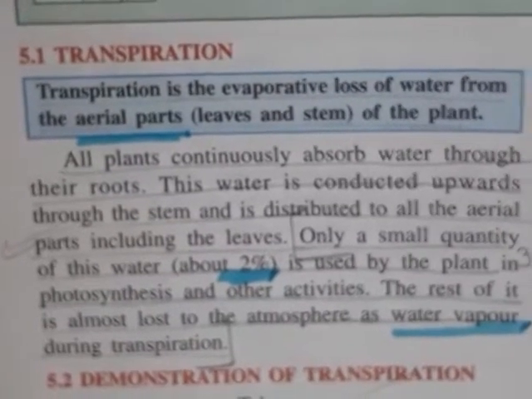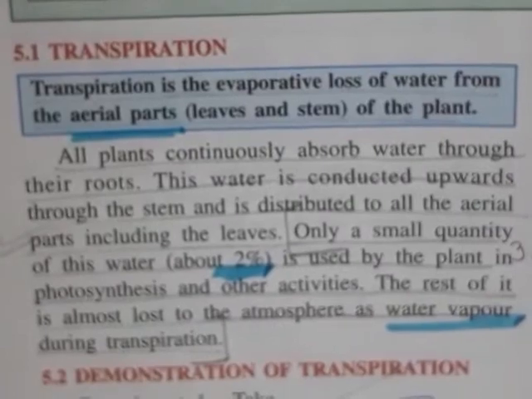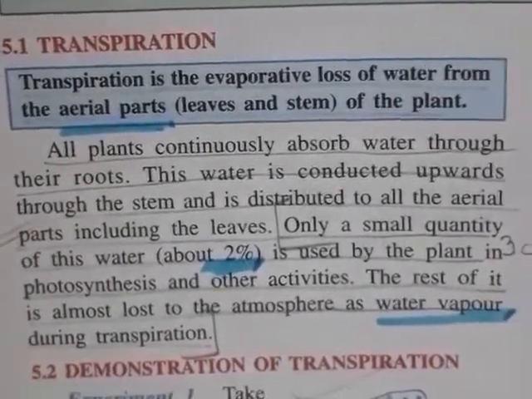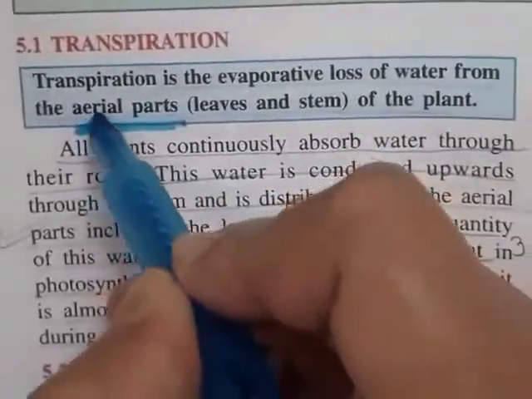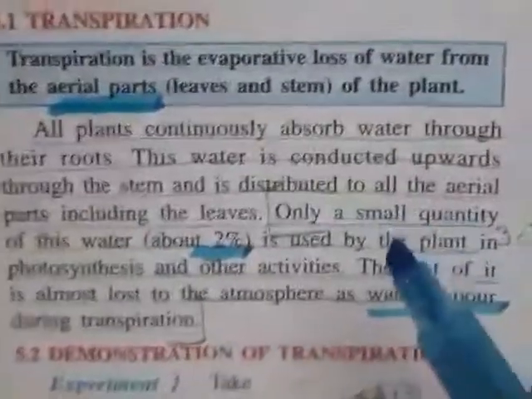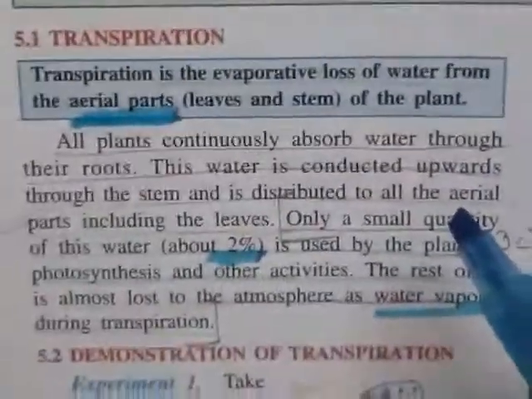Transpiration. It is defined as the loss of water in the form of water vapor from the aerial parts of the plant. You see, the plants continuously absorb water.